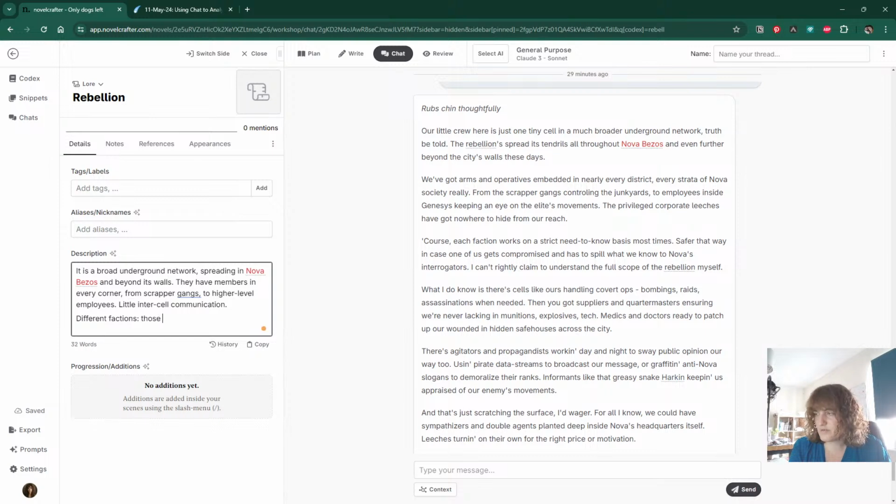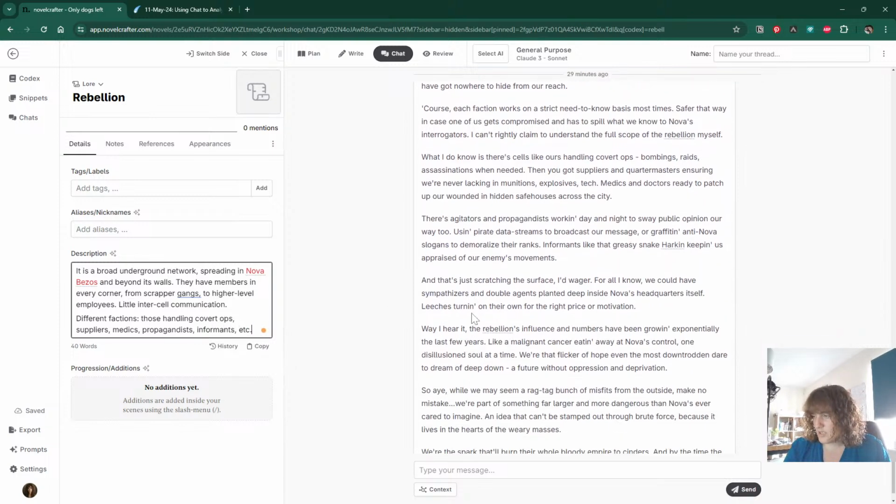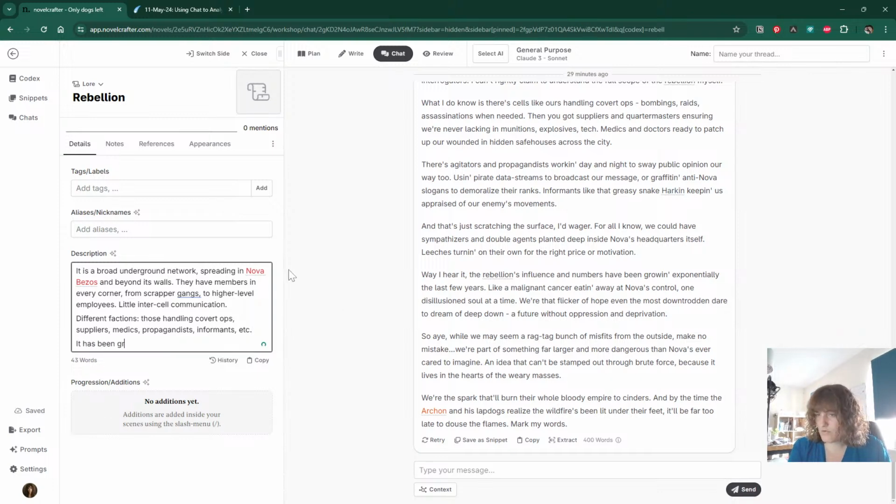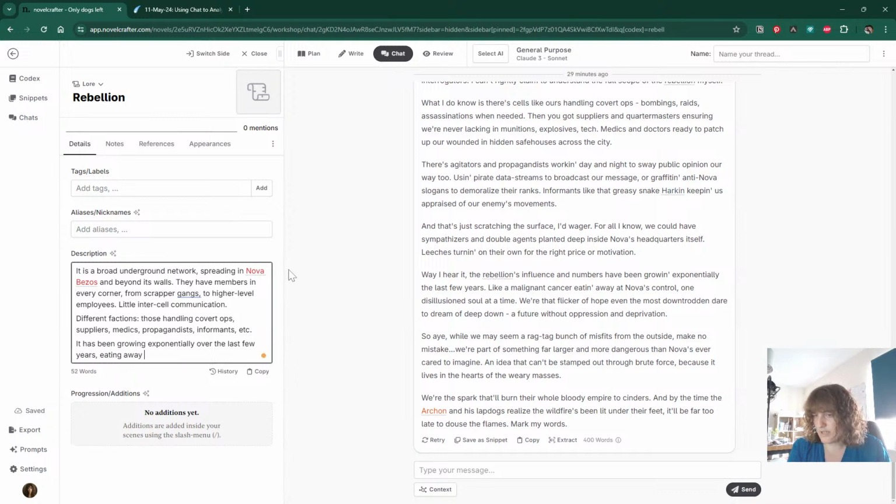There are different factions, those handling covert ops, suppliers, medics, propagandists, informants, etc. It has been growing exponentially over the last few years, eating away at the Archon's control.